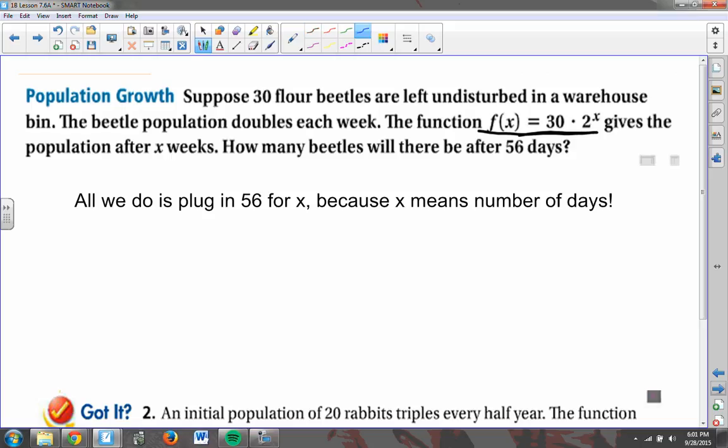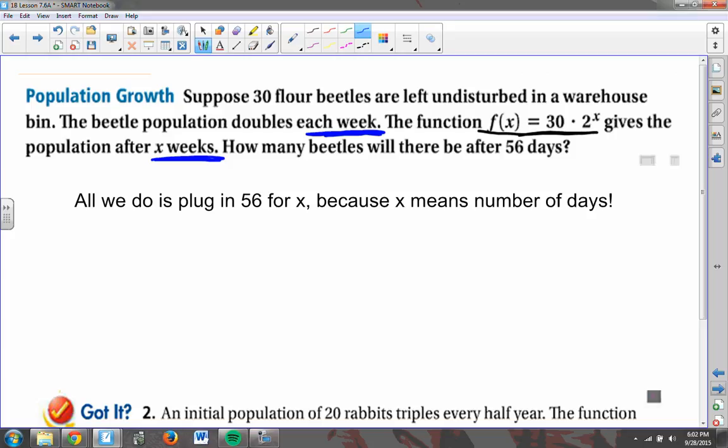So it says we have 30 flower beetles that are left undisturbed in a warehouse bin. The beetle population doubles every week, which is the part that I missed. The function 30 times 2 to the x power gives the population after x weeks, right? How many beetles will there be after 56 days?